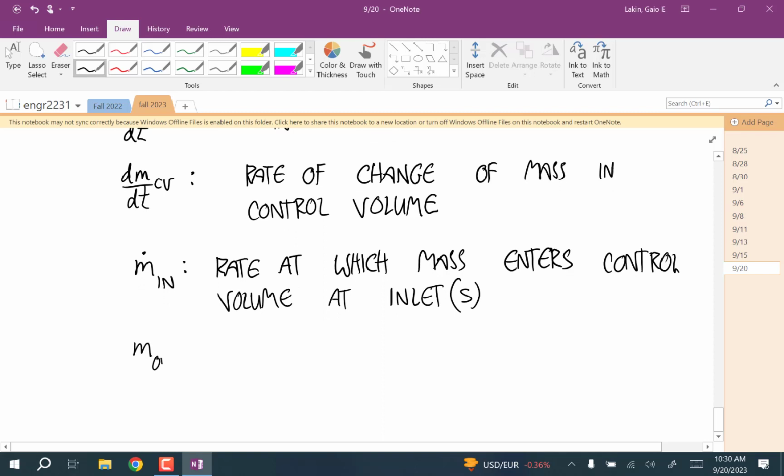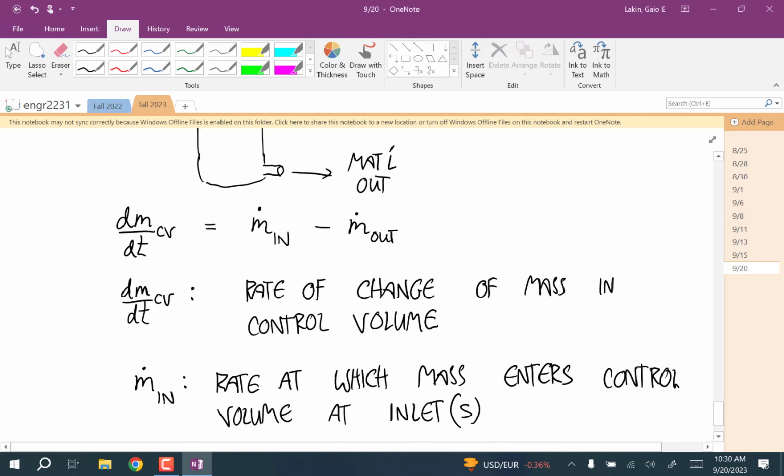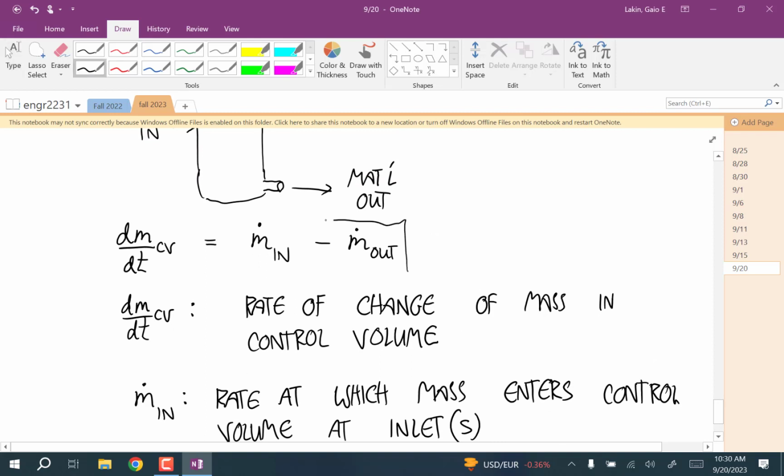And m dot out is the rate at which mass leaves the control volume at the exit or the exits. Okay, so this is the basic equation.